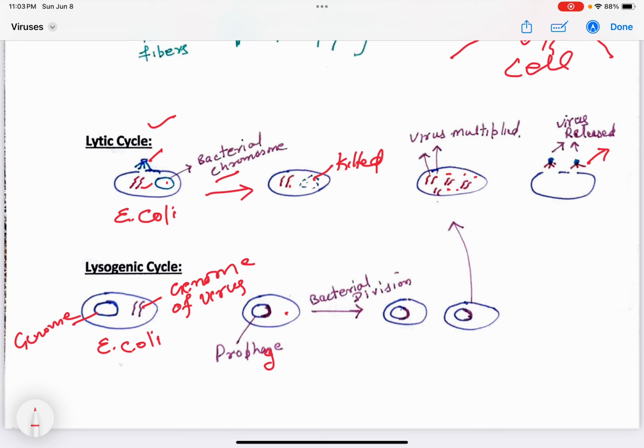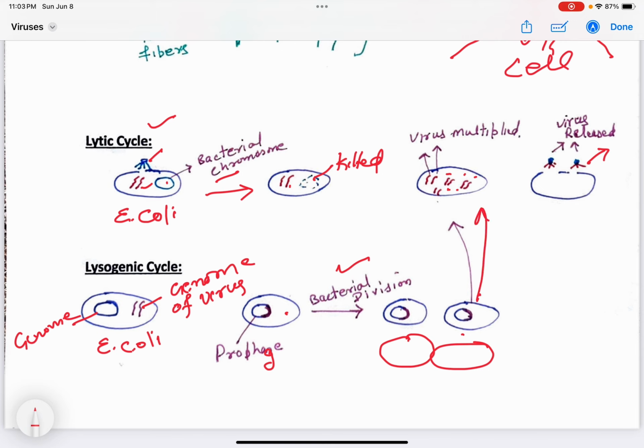So once bacterial division starts occurring right here, multiple copies are produced, and they each have this prophage, which also includes the genome of a virus. And at some point of time, all these copies of bacteria that got reproduced can go into a lytic cycle.